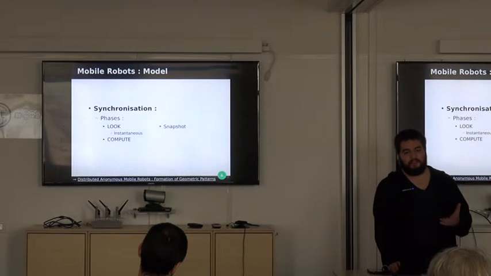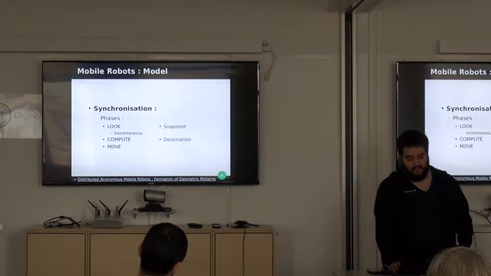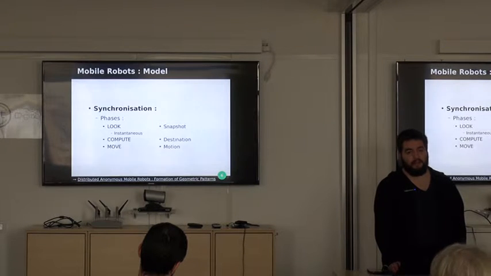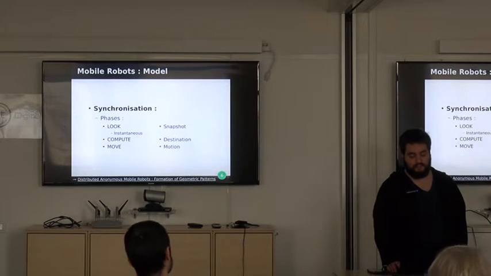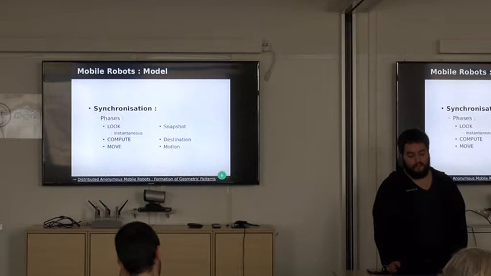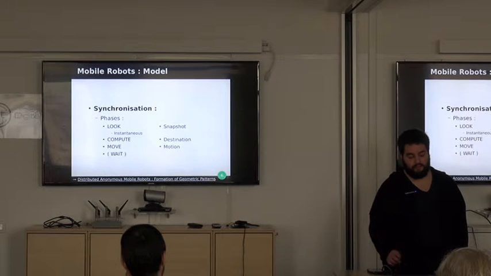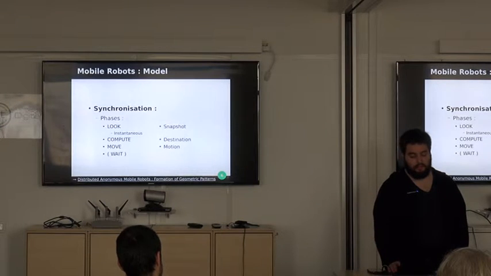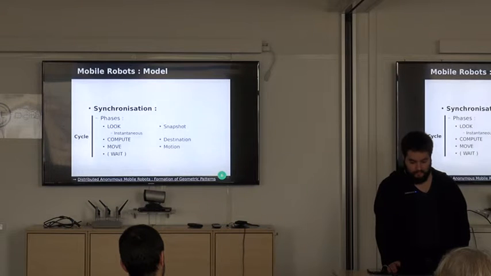They also have a compute phase during which they make a decision as to what their next destination is going to be using the snapshot they just took. And then they have a move phase in which, well, they move to the destination they just computed. And after the end of the move phase and before the next look, they have sort of a waiting phase where they don't do anything. And the sequence of those phases is called a cycle.